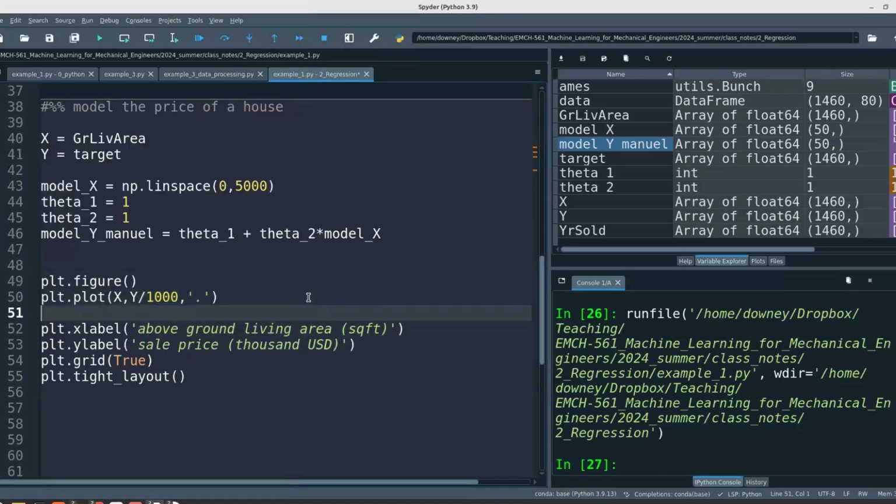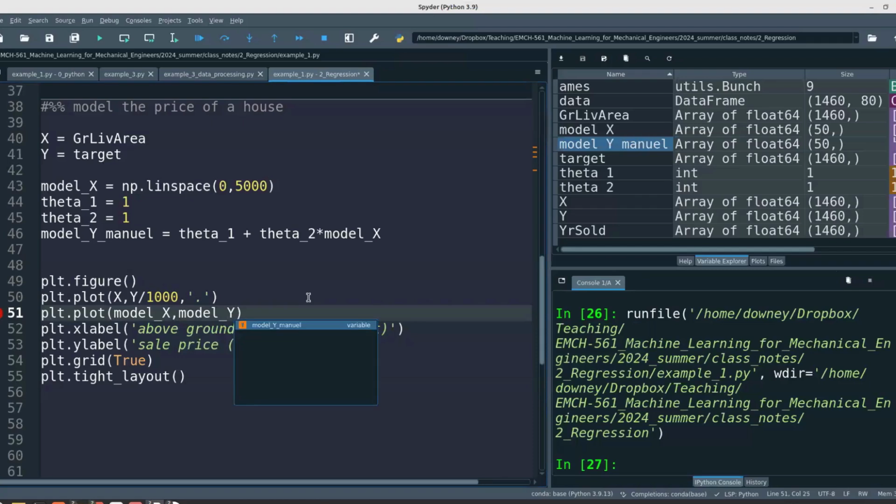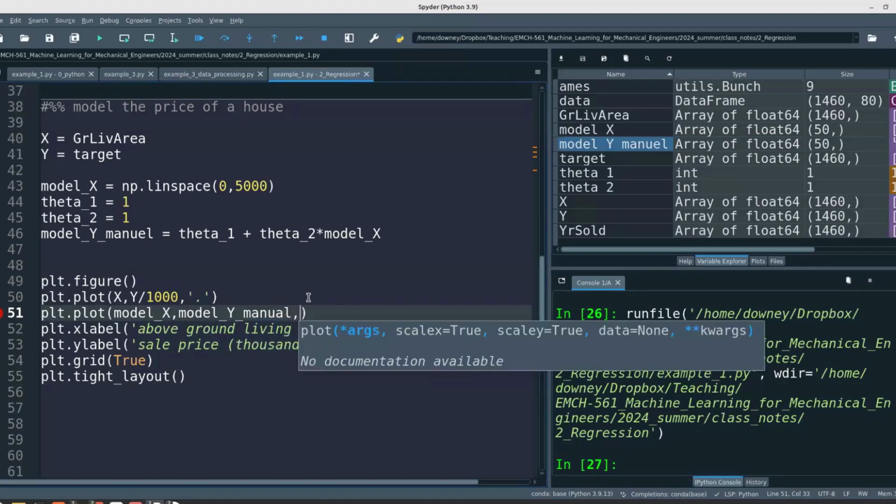And now let's go plt.plot model_X, comma, model_Y_manual. I'm going to give it a dashed line.